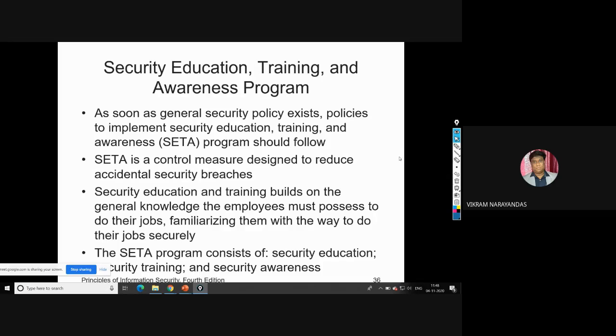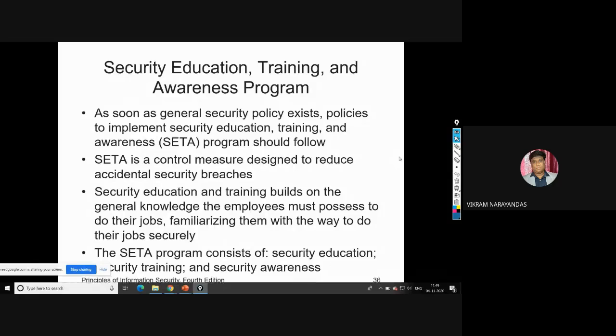This can be a 5 marks question, sometimes a 3 marks question. As soon as the general security policy exists in the organization, this policy should be implemented for the security education, training, and awareness program. Simply called SETA.